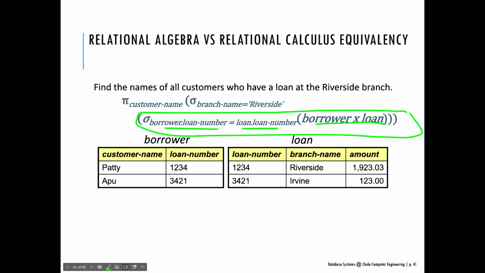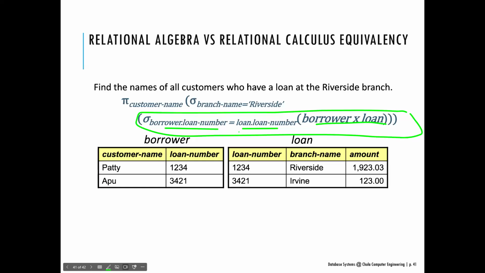Let me ask you, is this a join with equijoin, condition join, or natural join? Which one? The way I write it is actually a condition join, right? Because I specify the condition equals to. But if I want to write it as an equijoin, how would I change it? I don't have to say borrower dot loan number or loan dot loan number.